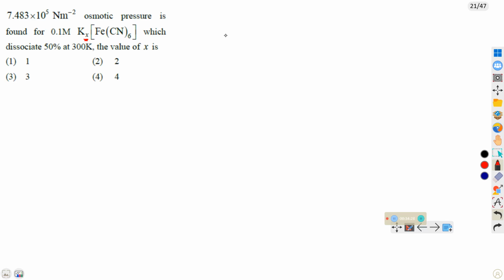Okay. If osmotic pressure and van't Hoff factor are involved, pi is equal to iCRT. Calculate the value of i. First of all, 7.483 into 10 power 5 is equal to i into, what is the concentration? 0.1 molar.